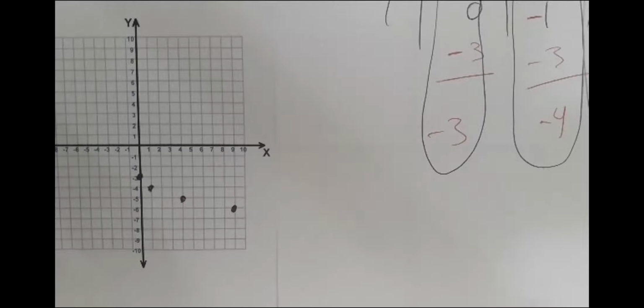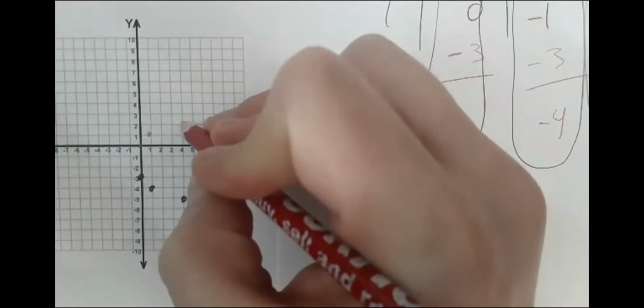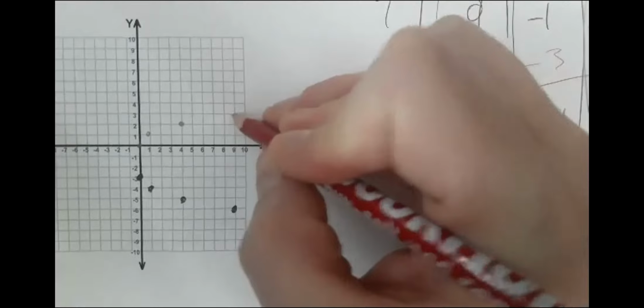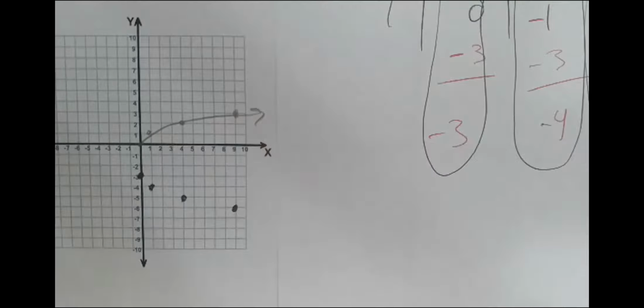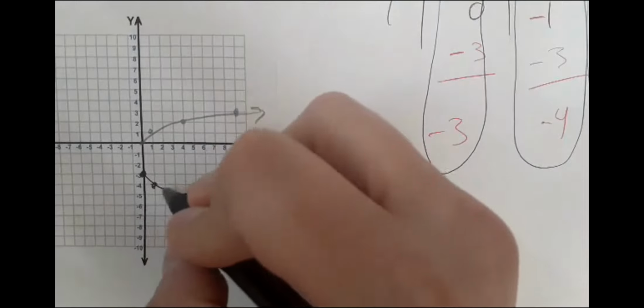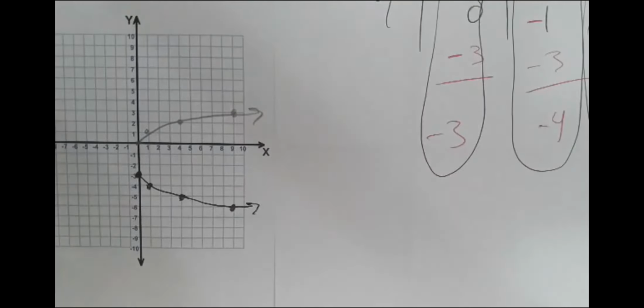Yeah, flipped about the x. Original function looks like that. If you flip it about the x-axis and move it down 3, does this look like what you would probably get? Hopefully. That looks like the same thing, right?